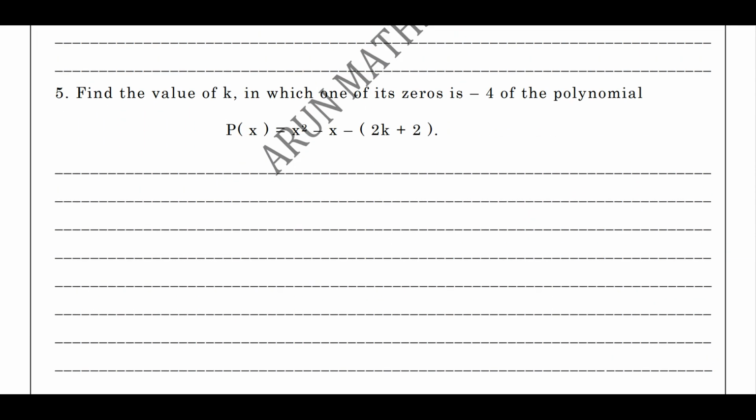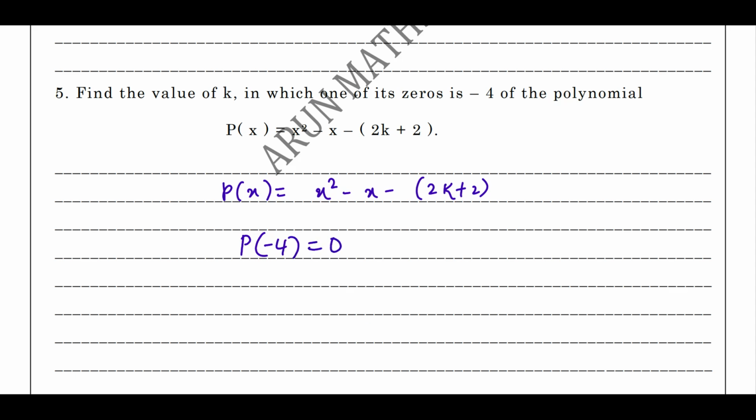Next question. Find the value of k if one of the zeros of the polynomial p of x equals x square minus x minus 2k plus 2 is minus 4. If minus 4 is the 0 of the polynomial, that means p of minus 4 equals 0.